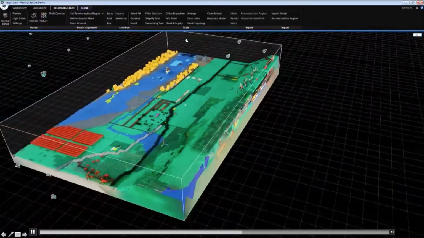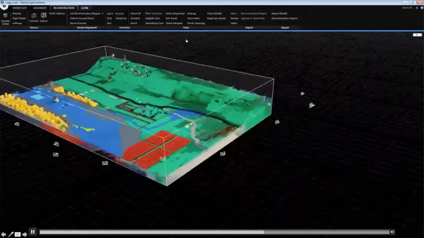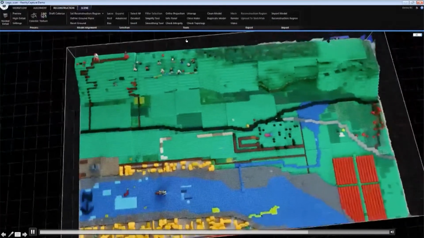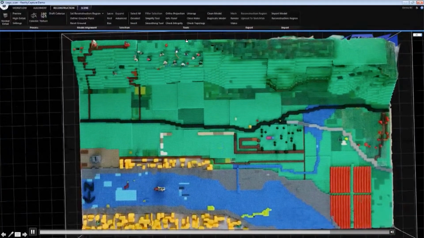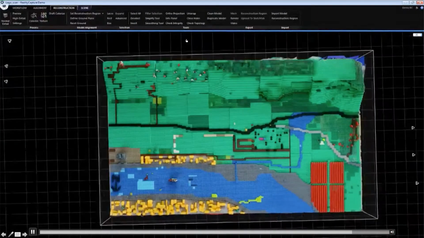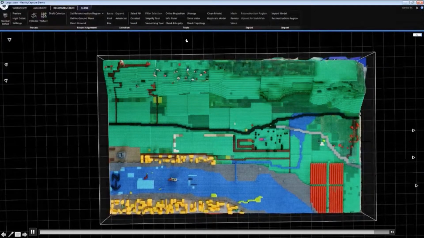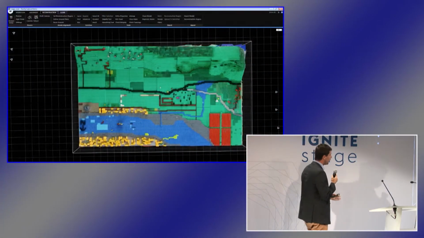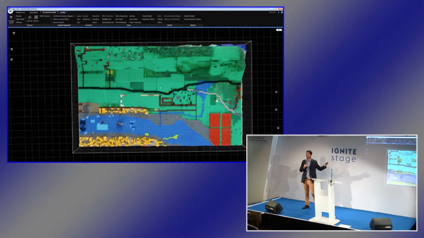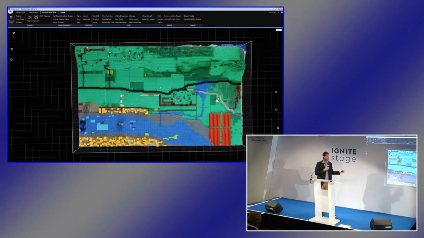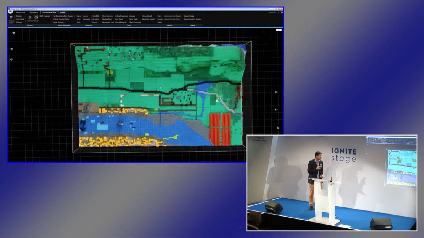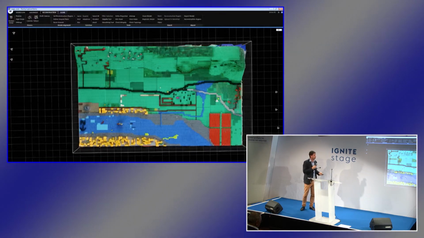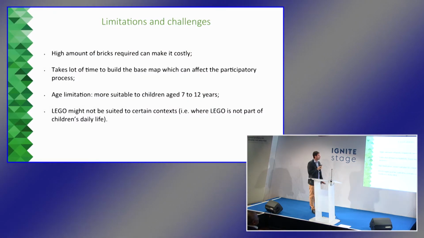So this is not just a physical map that you come up with, but it's also a map that is at scale, geo-referenced, and that is very easy for outsiders, for people who are experts with GIS, decision makers, to use. And here you could easily have children also explaining what's on the map, because it's their map again. So, just a snapshot of what's possible, what's makeable with Lego.